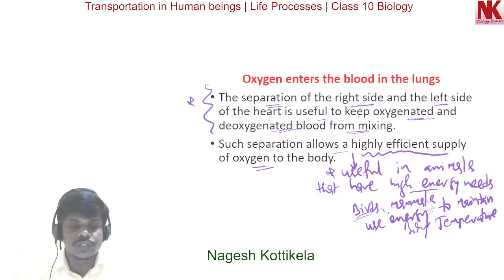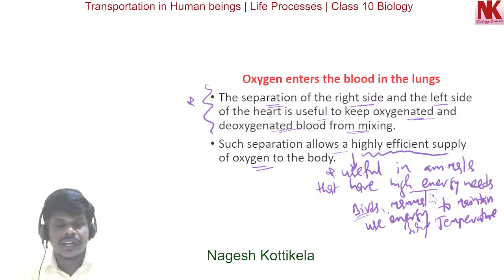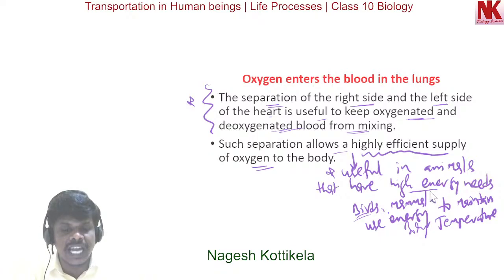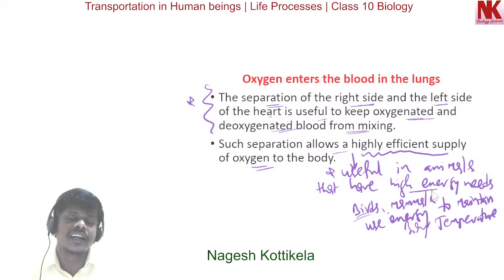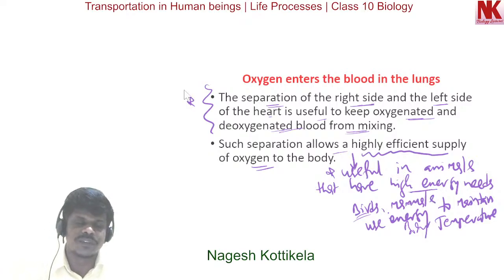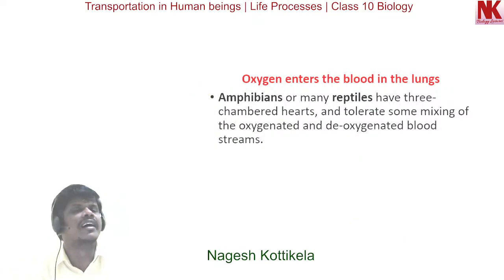Now in animals that do not use energy for this purpose, the body temperature depends on the temperature of the environment. There are certain animals which do not use energy to maintain their body temperature. In those animals, their body temperature depends on the environmental temperature conditions. This is a very important concept for exams.